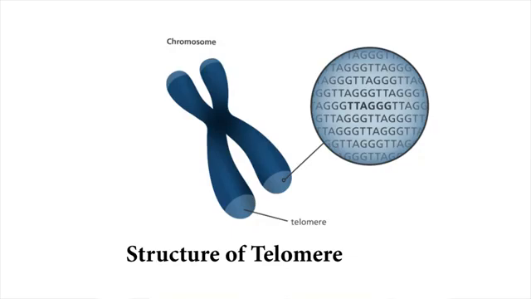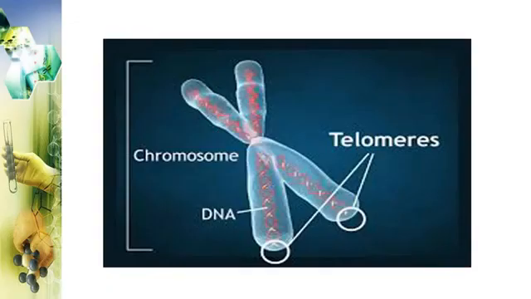The loss of the telomere makes the chromosome unstable. The telomere is the terminal part of the chromosome. It offers stability to the chromosome.